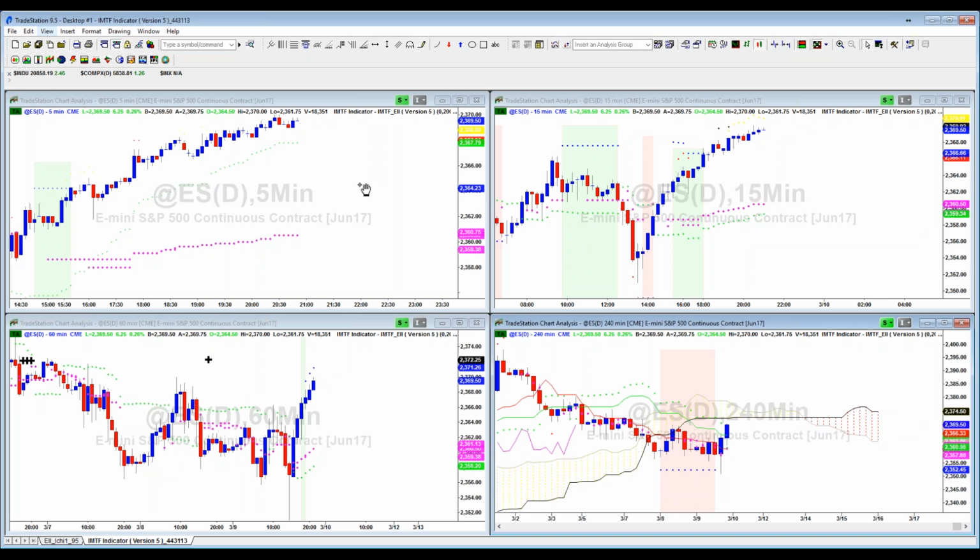Can you guys see these screens at all? It's not even allowing you to see that.